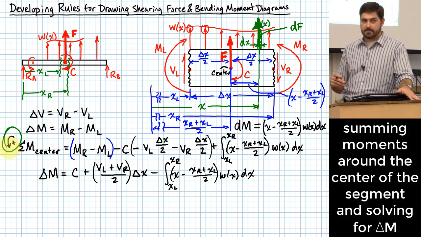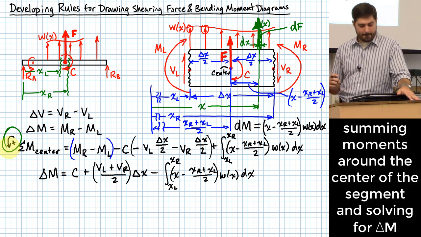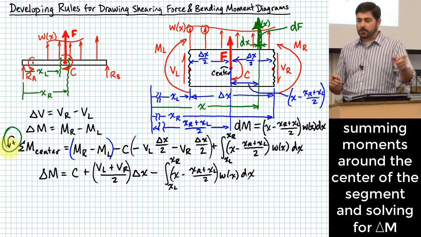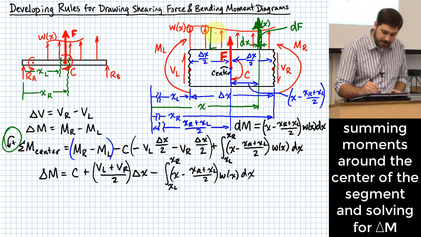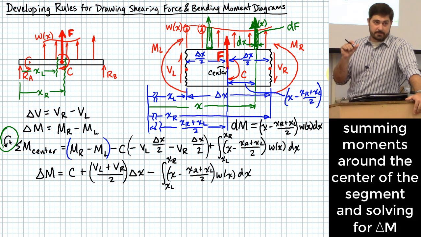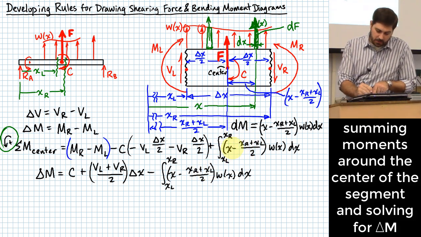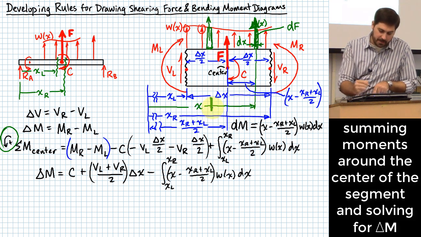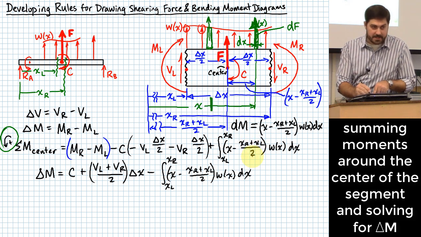Does that make sense? It confuses me because the distributed load on the left side of the center will cause it to turn. Okay. So his point is, what if we were looking at a little element over here? So let's actually think about that. If we're looking at a little element that's to the left of the center, then x is going to be less than the coordinate defined by (xr plus xl)/2.